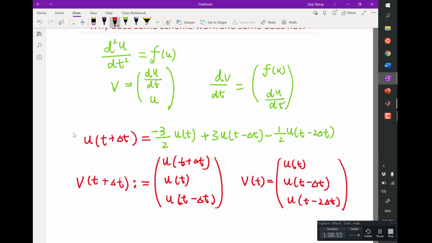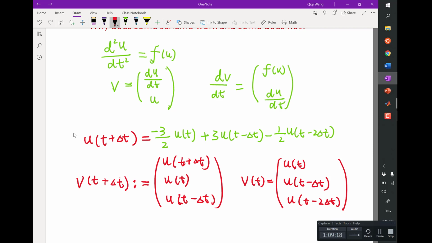So we are not writing u at t plus delta t as just a function of ut. It also includes 2 previous terms. Now by introducing this vector, we can write the vector v at t plus delta t just as a function of vt, right? I don't have to include a v of t minus delta t or anything else.